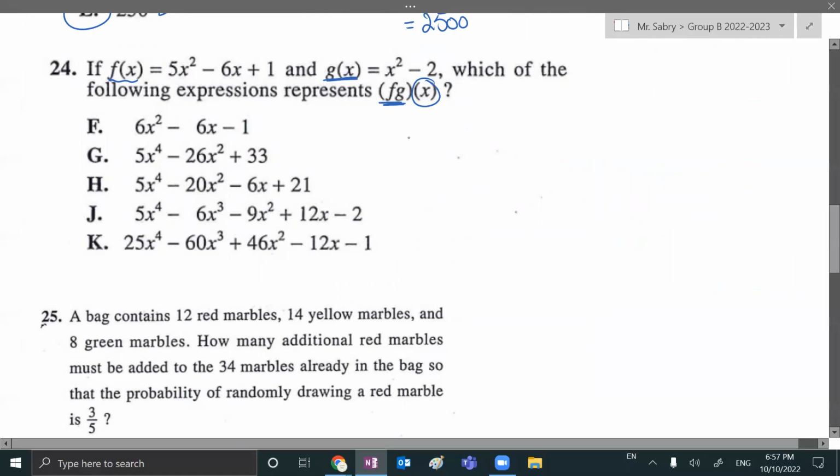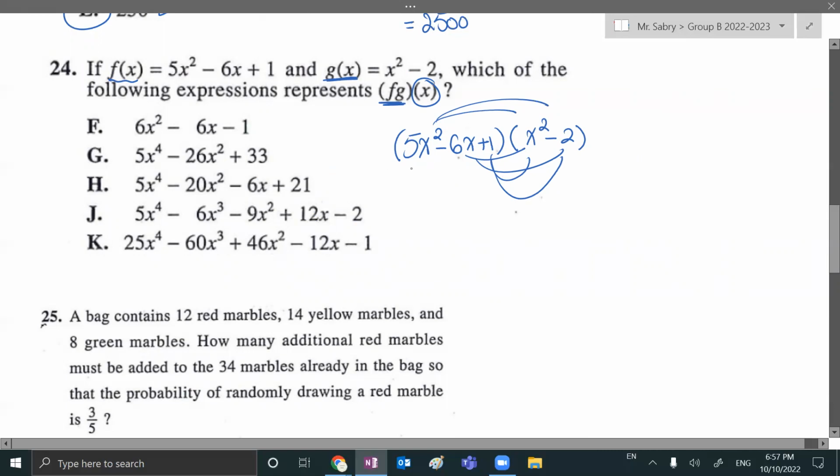I need to multiply 5x to the power of 2 minus 6x plus 1 by x squared minus 2. The moment you start to distribute, because of course we have to distribute no matter what, you'll realize right away that you can figure out the answer without really continuing through everything else.